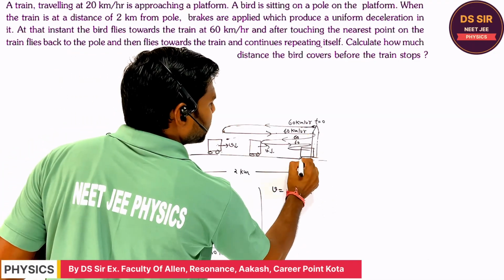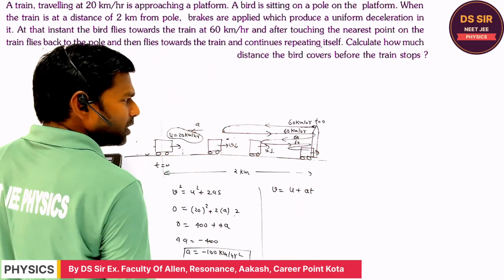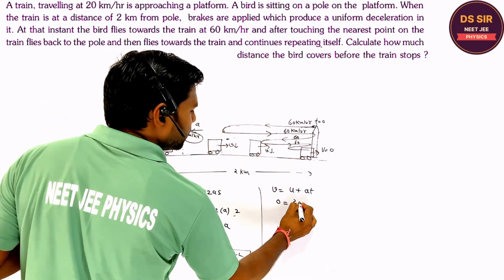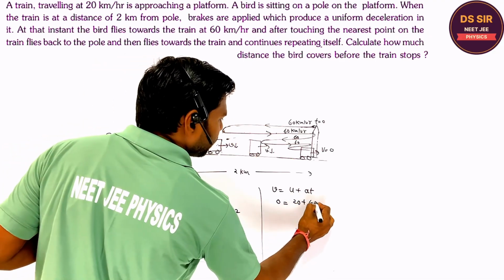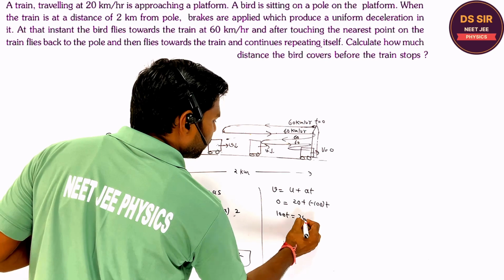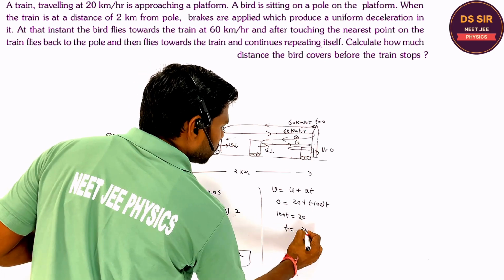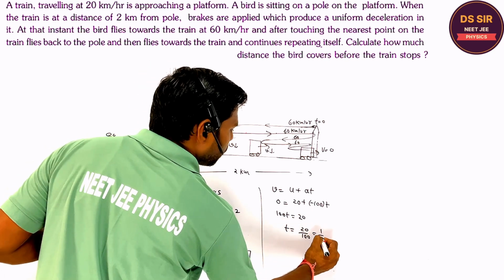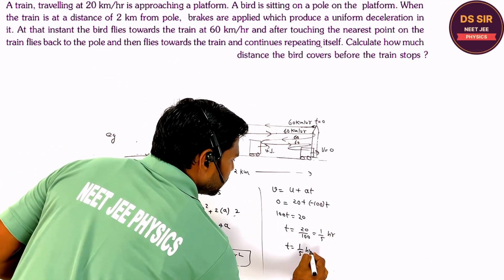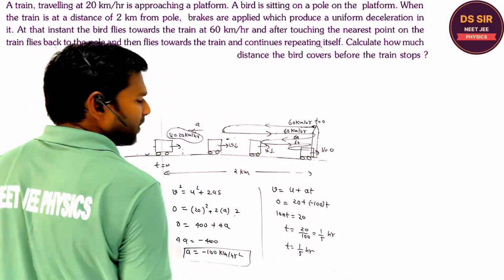So when the train reaches this pole, the speed becomes 0. The initial speed is 20. The acceleration we have found, and the time. So 100t is equal to 20. t is equal to 20 upon 100, which is 1 by 5 hour. So how much time does it take to reach? Yes, 1 by 5 hour.